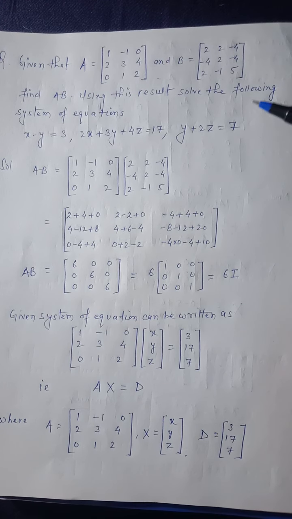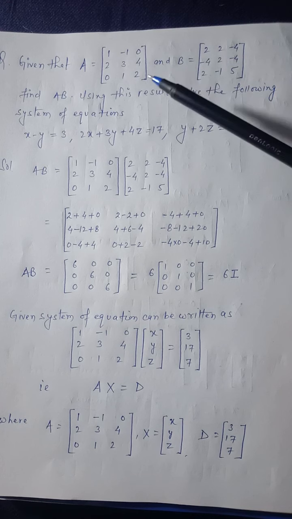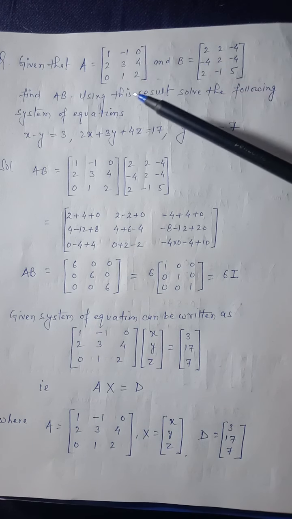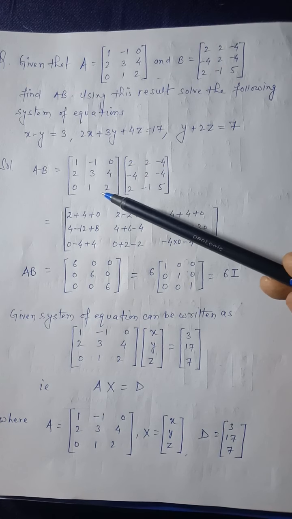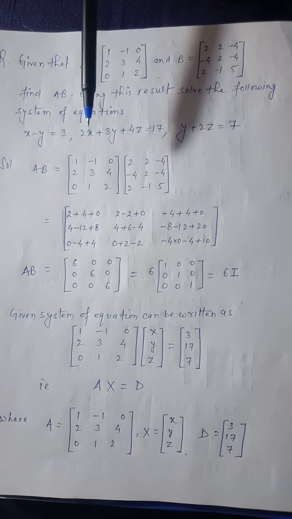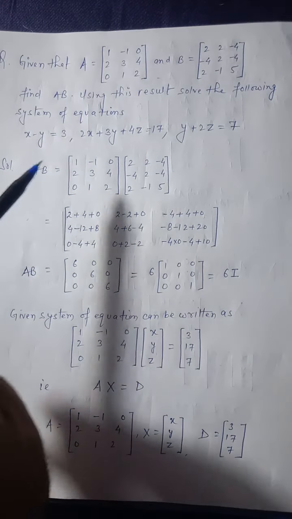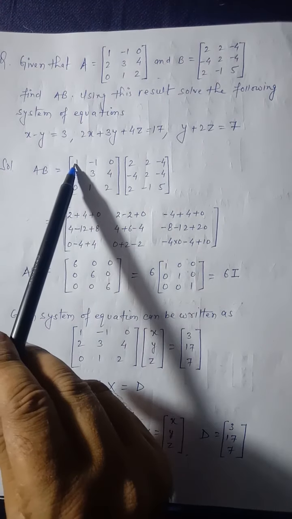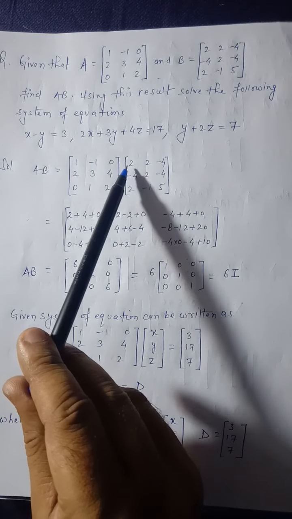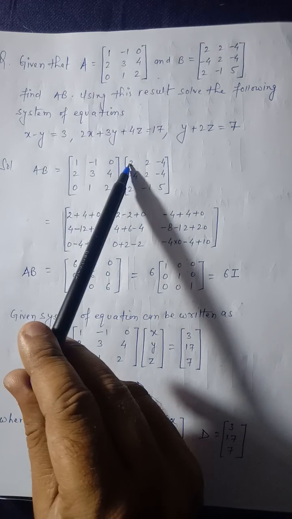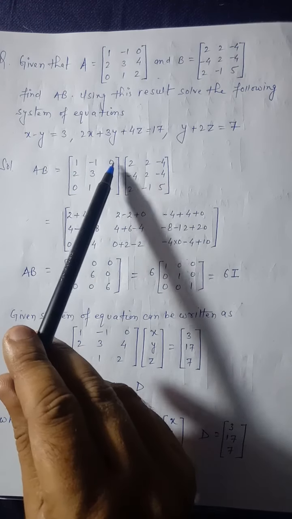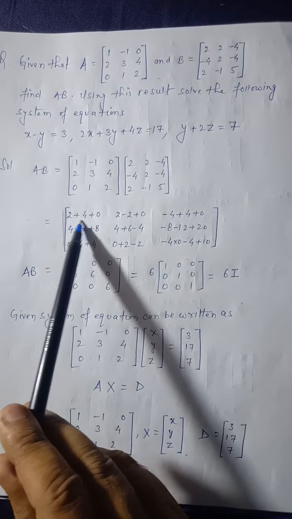So let's see how to find AB, because it is given that A and B are matrices and we have to find AB. For AB, write the value of A and write the value of B. You can see here, take this first row with the first column. So you will get 1 into 2, which is 2, minus 1 into -4, which is plus 4, and 0 into 2, which is 0.